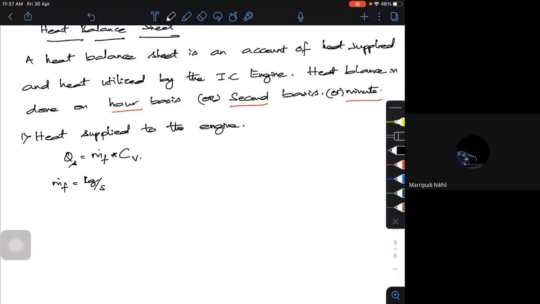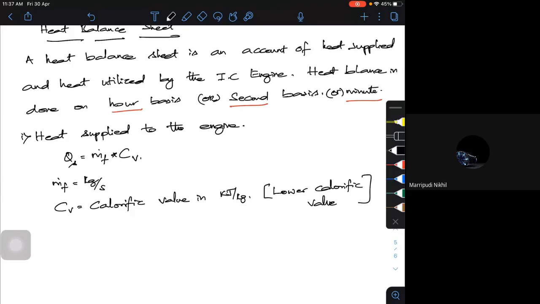Then the calorific value is in kilojoules per kg. What type of calorific value is it? This is your lower calorific value, LCV, if you are very specific with respect to the combustion of the fuel.